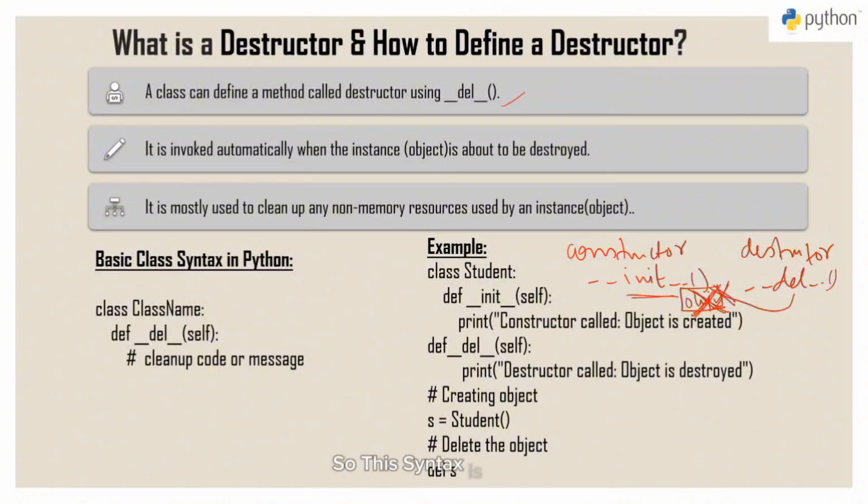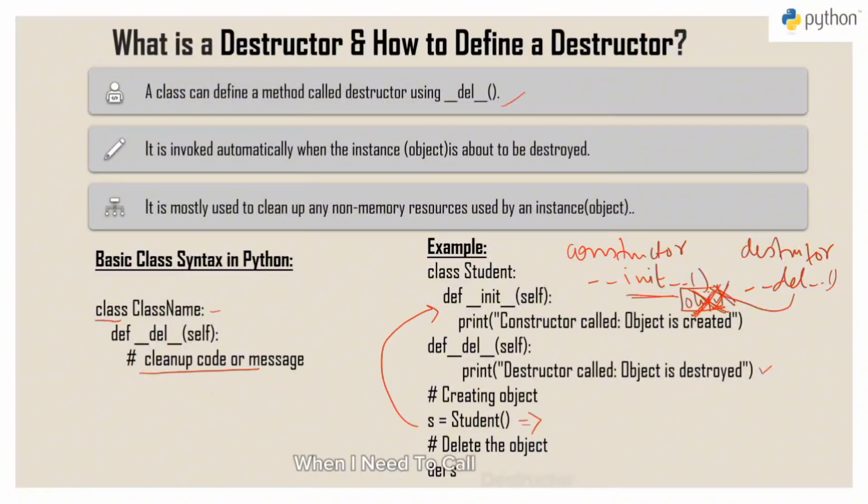So the syntax is: class name, colon, def double underscore del double underscore, self. As such, we don't have to write any code inside the destructor. You can write a print statement or you can keep it blank. Okay. Now s equal to student. This means I am calling a constructor.